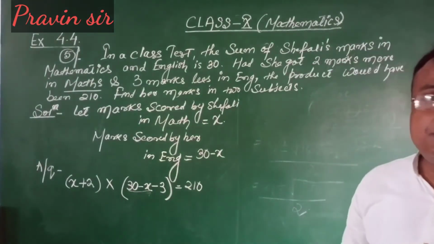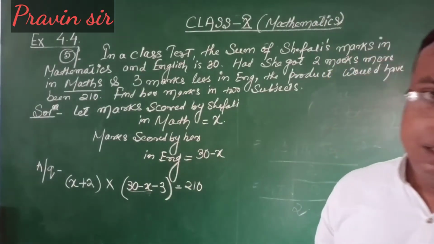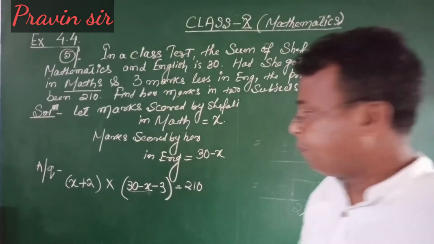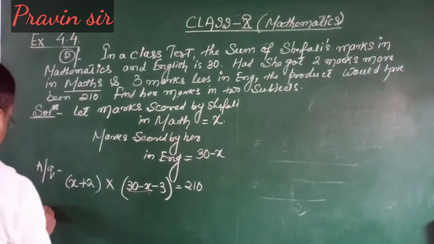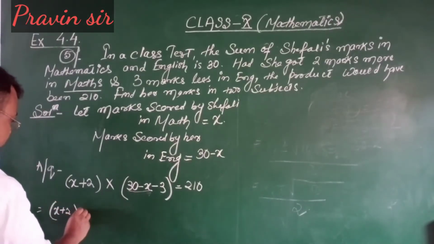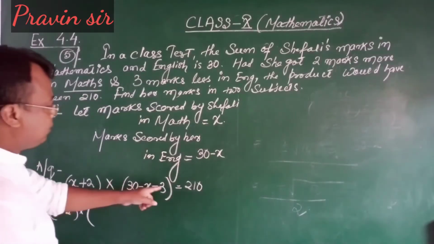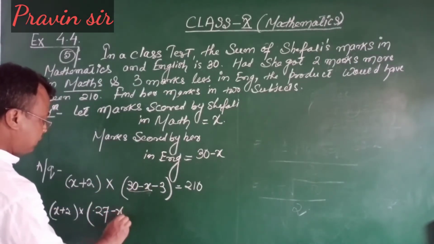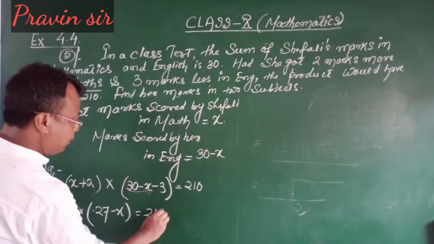First of all we have to simplify, and after that bring it into standard form and we can solve it. Alright? So let us simplify it. x plus 2 into 30 minus 3 is 27 minus x is equal to 210.